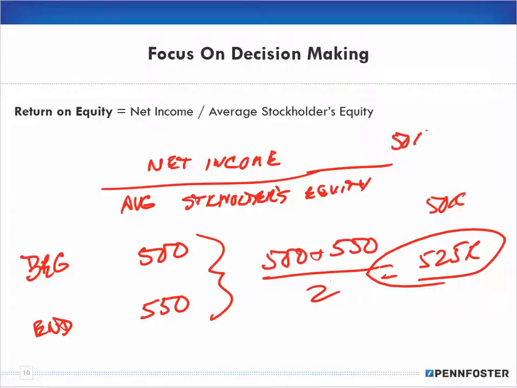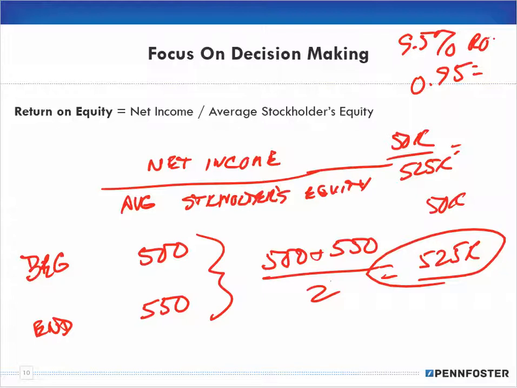So I have 50,000 divided by 525,000, and that would give me 0.095, which is equal to 9.5% return on my equity, on my investment. Okay.